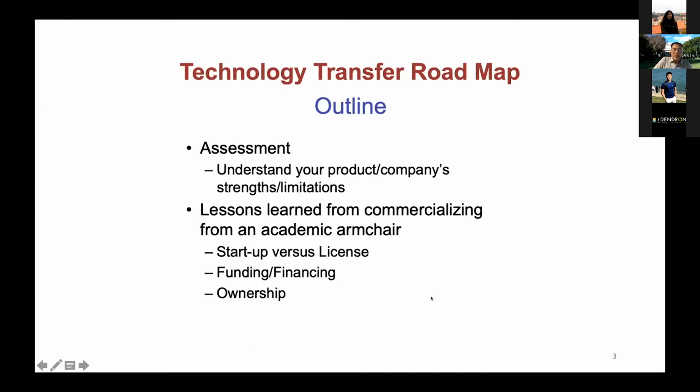So today, when we talk about assessment, we have to understand your product and also your potential startup companies' or licensee companies' strengths and limitations. And also you have to learn lessons from commercializing from academic armchair to startup versus license. This is case by case.